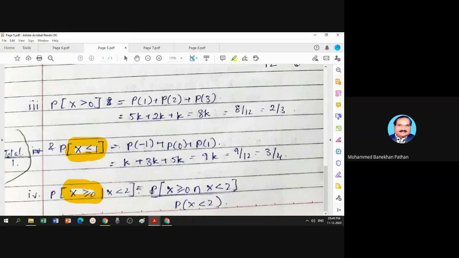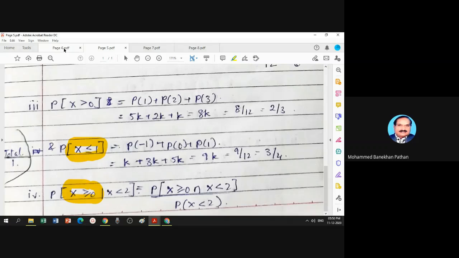So the numerator is the probability of intersection of these two events. X greater than or equal to 0, favorable values are 0, 1, 2, 3. X less than 2, favorable values are -1, 0, and 1. Now the probability of the intersection of these two will be the numerator, and the denominator will be probability X less than 2.